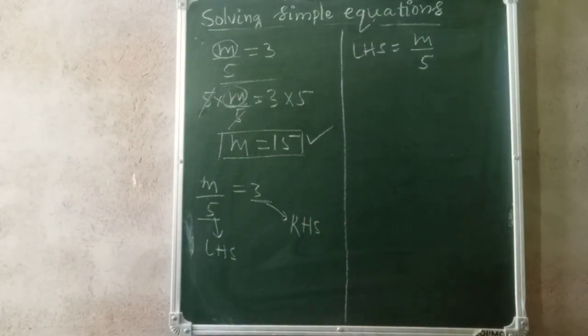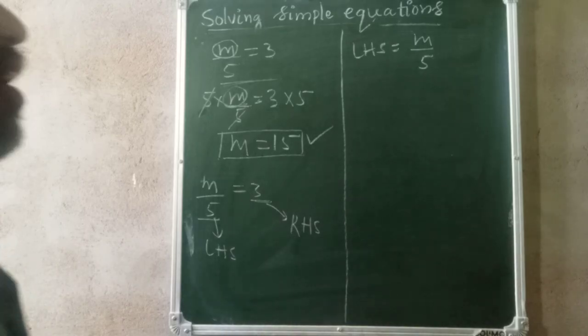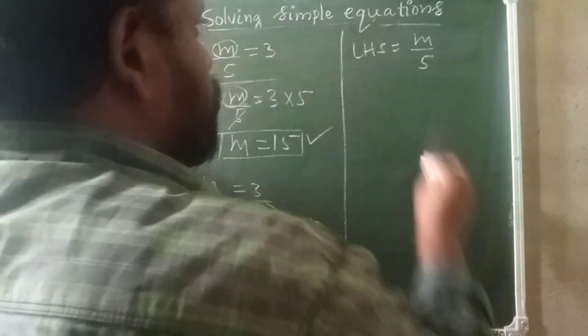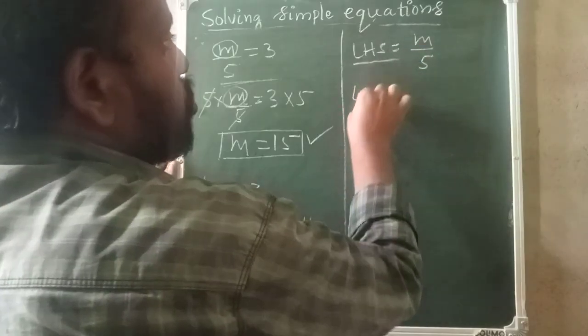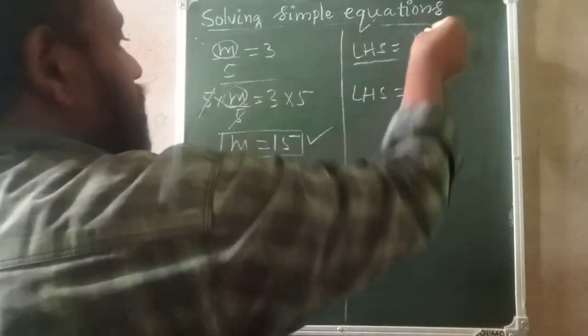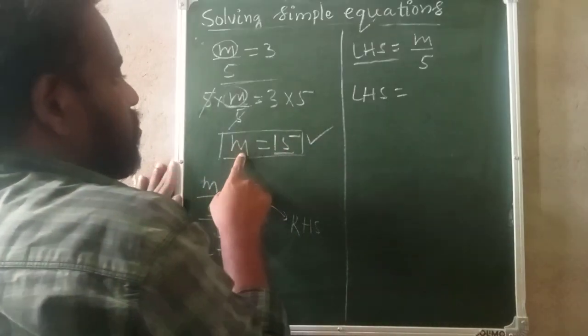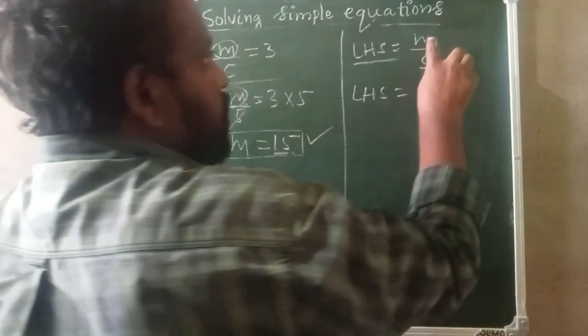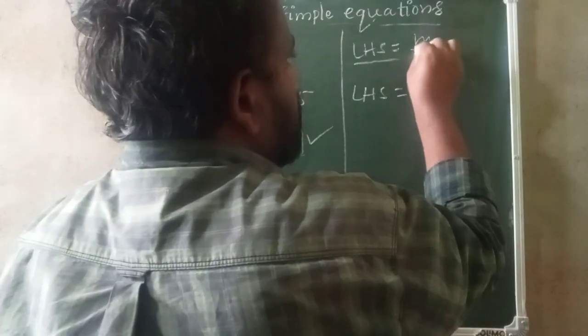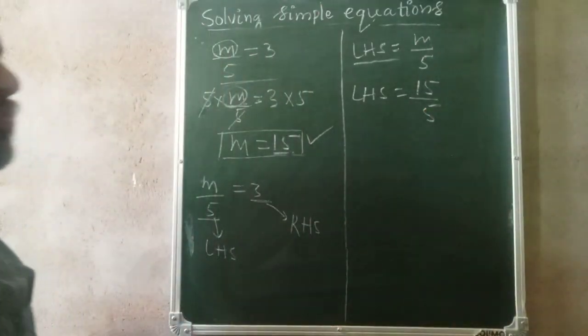Now we have to substitute the value for m. So before that, write LHS is equal to, as it is. In place of m, I will substitute 15, because the value of m is 15. So in place of m, 15, the line, and 5 as it is.